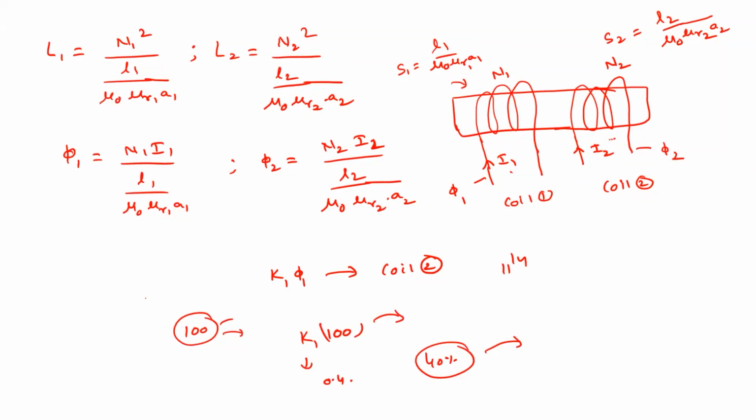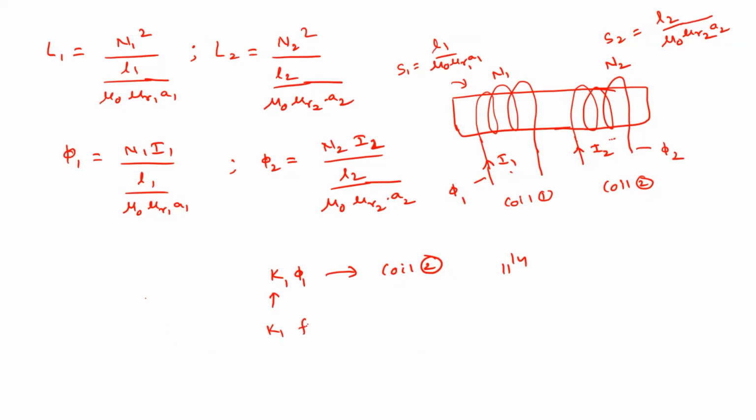Simple meaning, right? For example, one coil is producing 100% of flux, and only some fraction, maybe 10% or 20% or 50% of the flux, is linked to the second coil. So here I assume that K1, some fraction of flux phi1, is linked to coil 2.